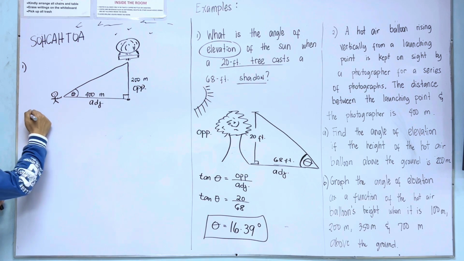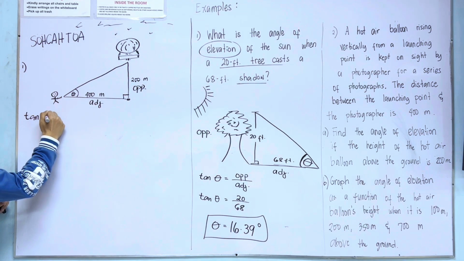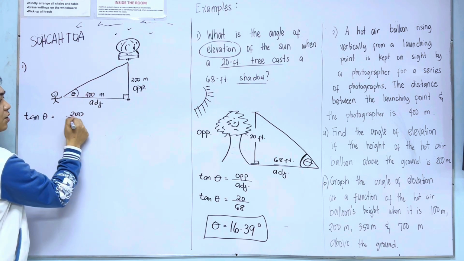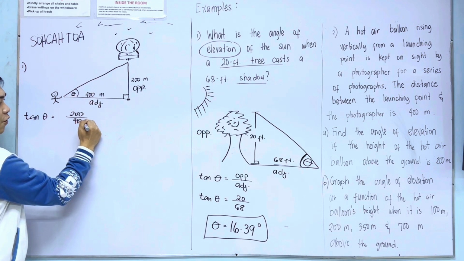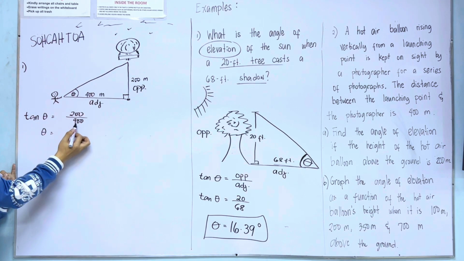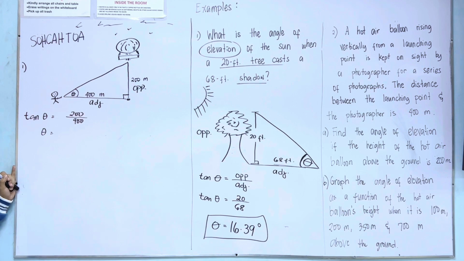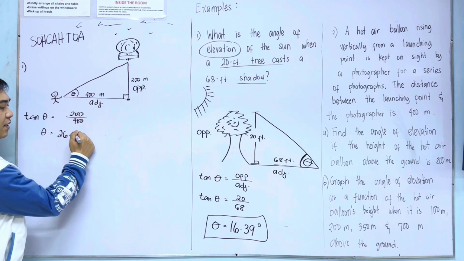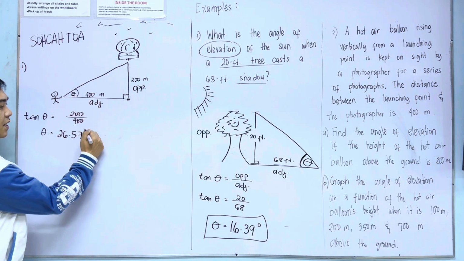So we have tangent theta is equal to 200 over 400. Now, 200 over 400 is 0.5. Shift tangent. 26.57 degrees.